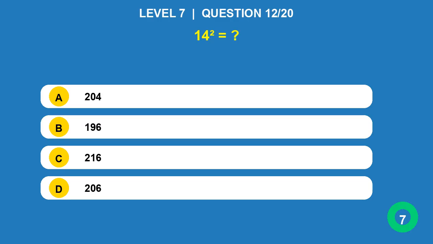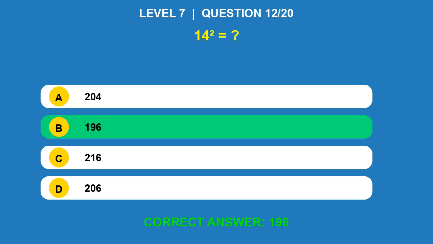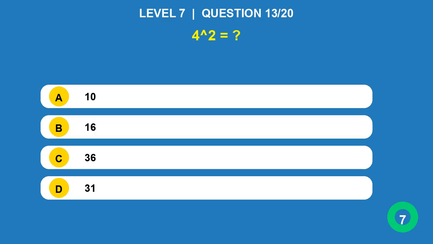14 superscript 2 equals? Answer is 196. 4 squared equals?